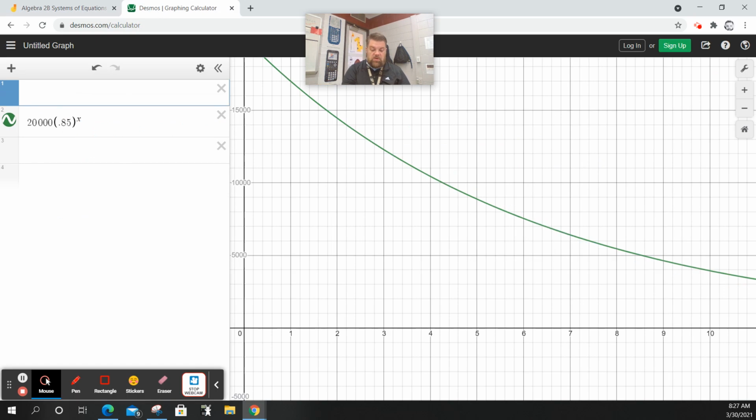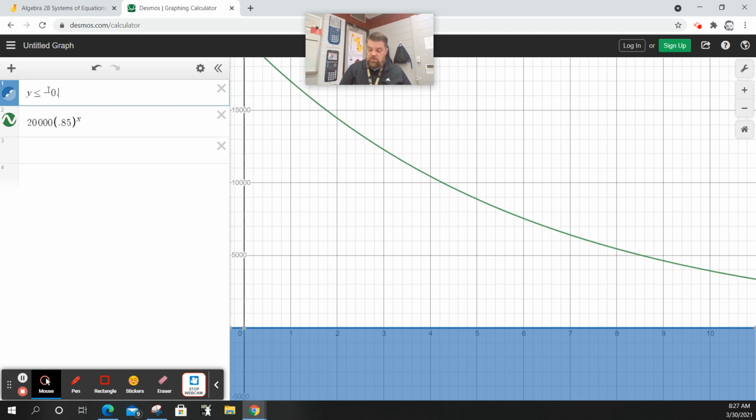Now I'm going to plug in y, because it needs to be less than or equal to. Oh, I see, y less than or equal to negative 0.05x squared plus 6x.